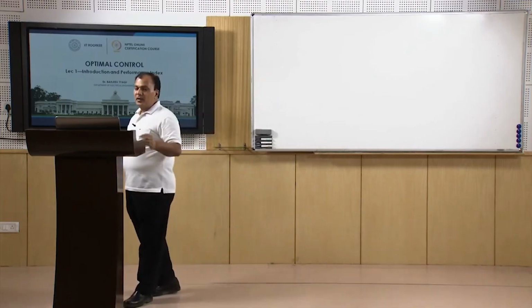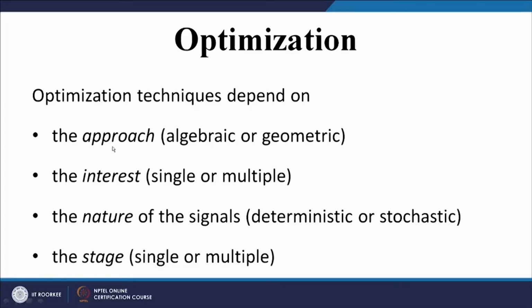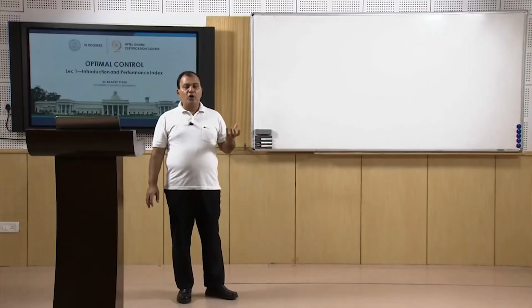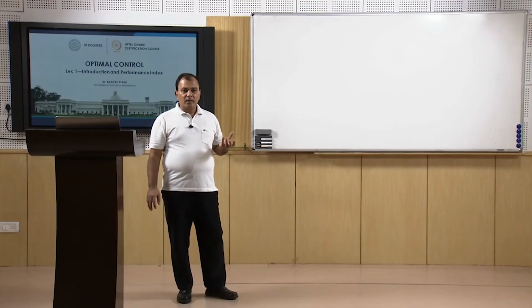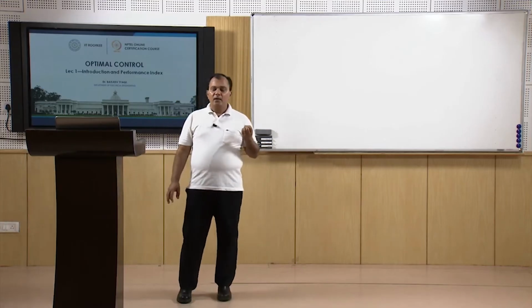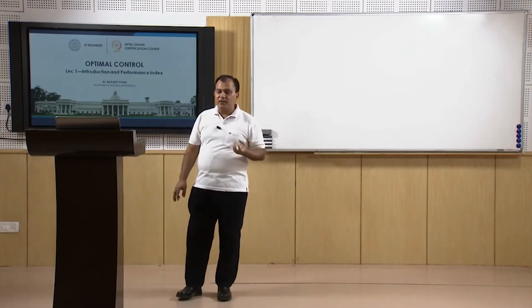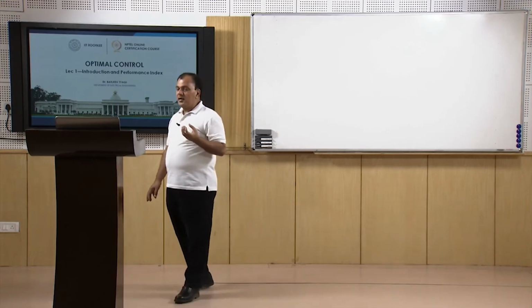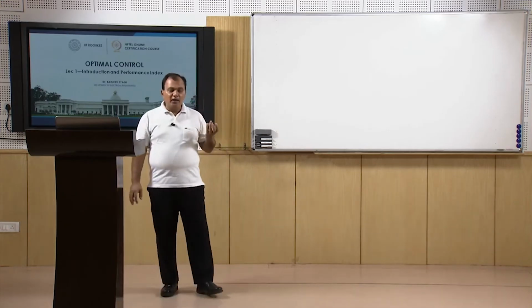In general, optimization techniques depend upon the approach we are taking. My approach may be algebraic or geometric. What is my interest? It may be single or multiple. Interest means, as we said, our objective is to minimize my cost. It may be that I want to minimize the error in my system, so error will be my interest.